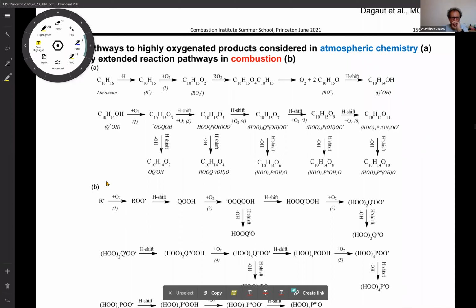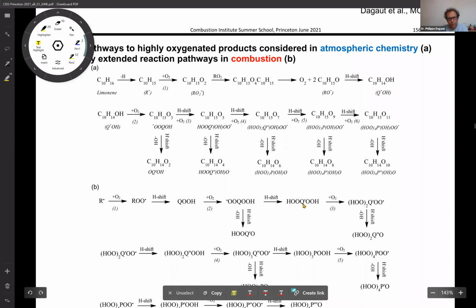So you have the RO2, which are formed after H atom abstraction on limonene. Then you have H atom transfer. You form this alkyl hydroperoxide, which reacts with molecular oxygen, form this new peroxy radical, which can decompose, producing OH radicals and the ketohydroperoxide.